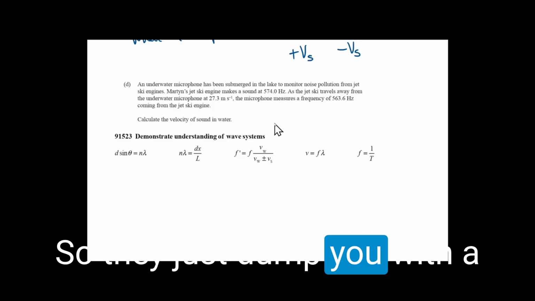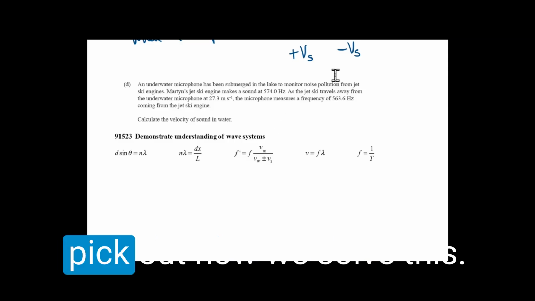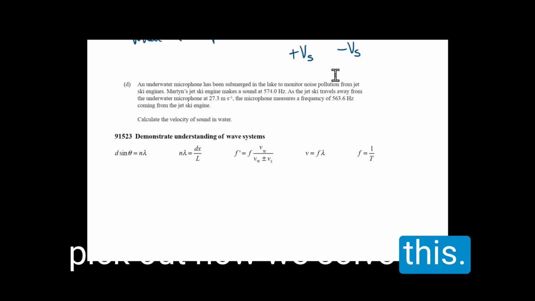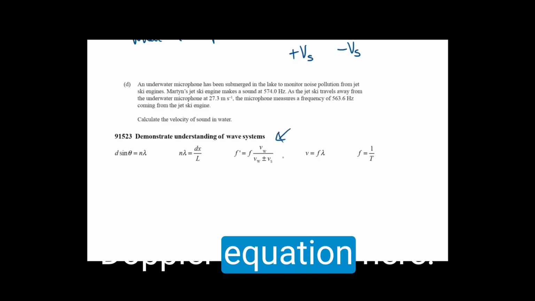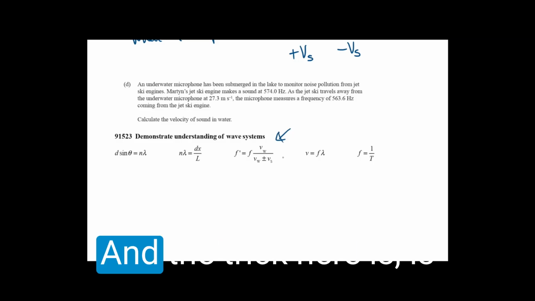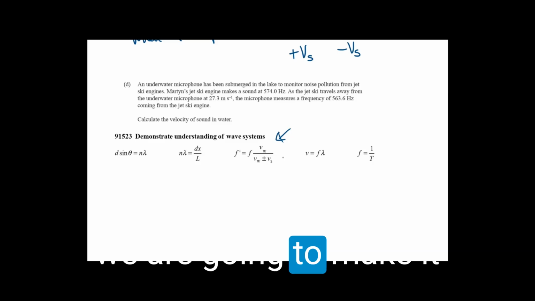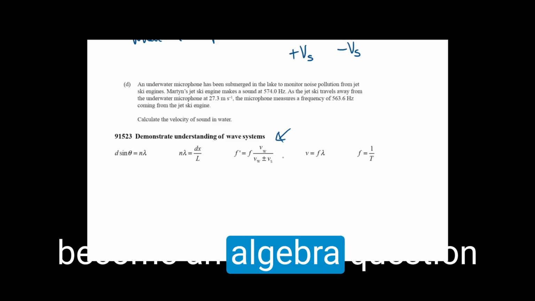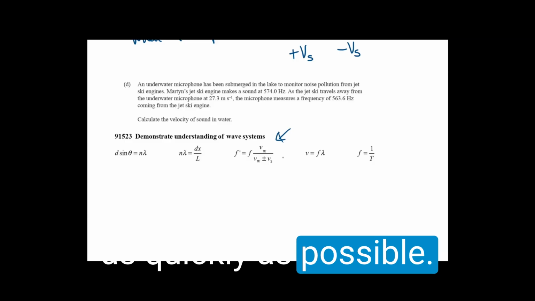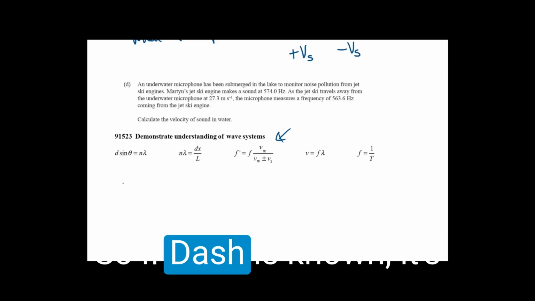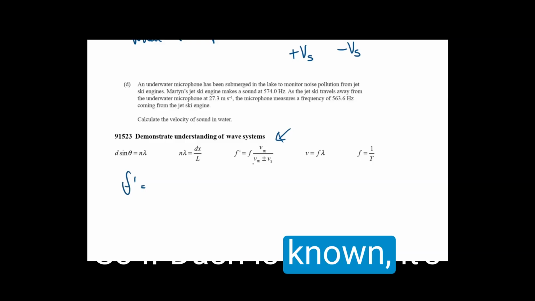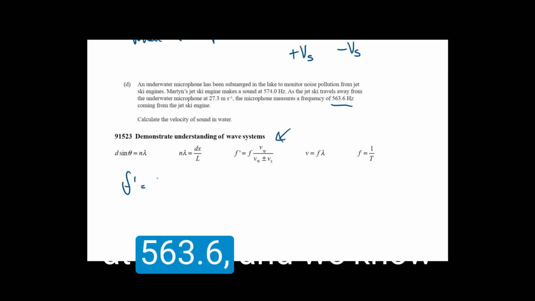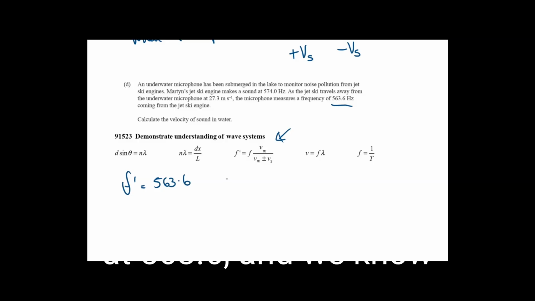Okay, so they just dump you with a whole bunch of information and you have to pick out how we solve this. So again, we're going to use the Doppler equation here. And the trick here is we're going to make it become an algebra question as quickly as possible. So F dash is known, it's 563.6 hertz.